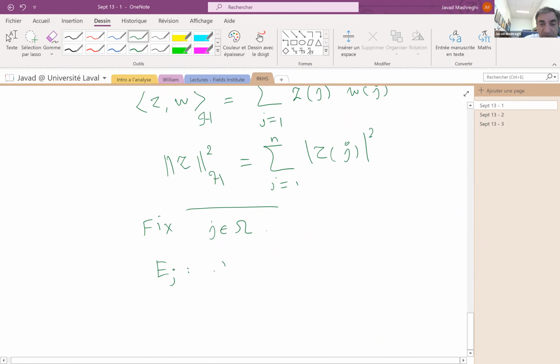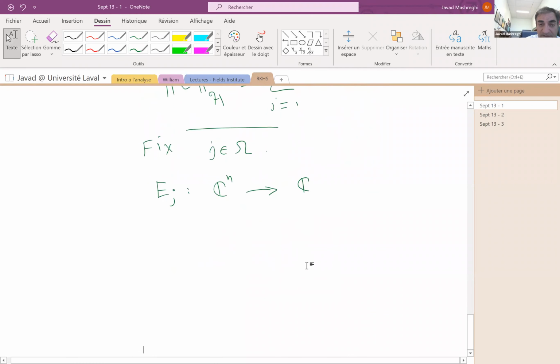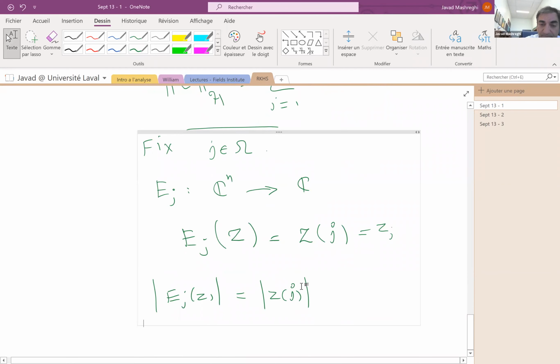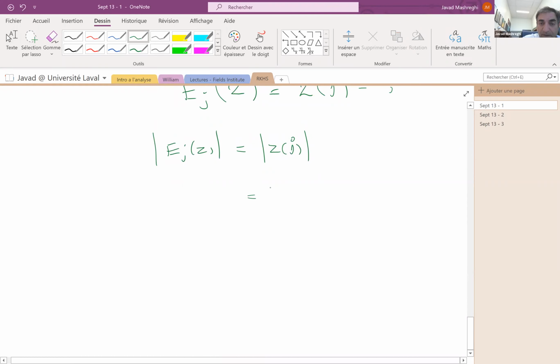E_j is defined on C^n with its value inside C. Our F is C. And what does E_j do? E_j, acting on z, is the value of this function z at point j, or z_j. Therefore, the absolute value of E_j of z is equal to the absolute value of z at point j, or the absolute value of z_j, which is less than or equal to the square root of the sum from k equal to 1 up to n of the absolute value of z_k squared, because from k equal to 1 up to n, one of these z_k is z_j.